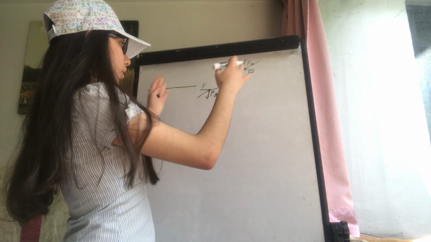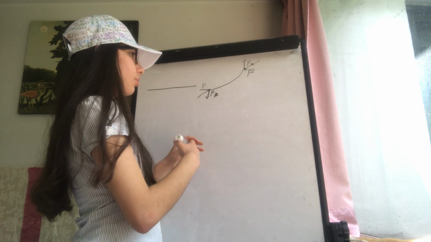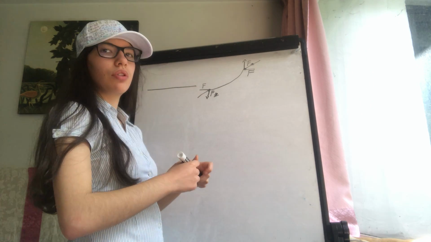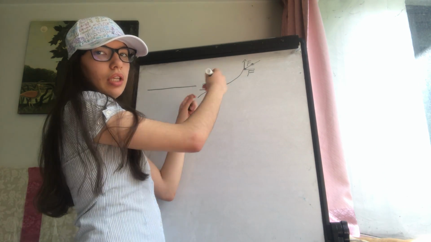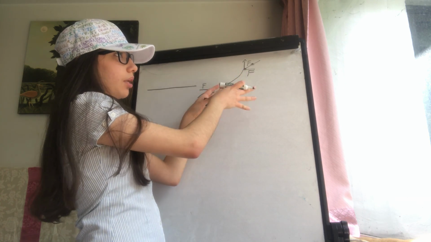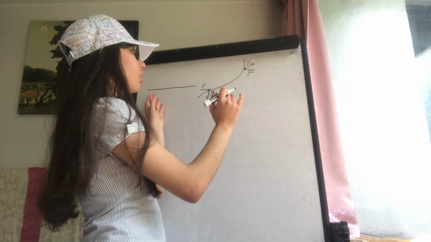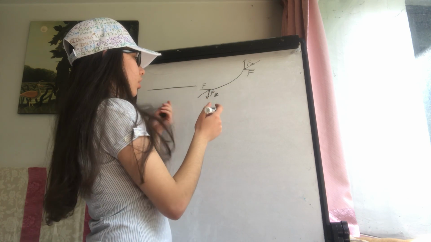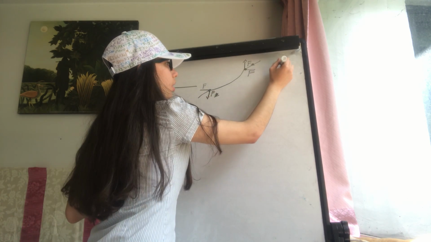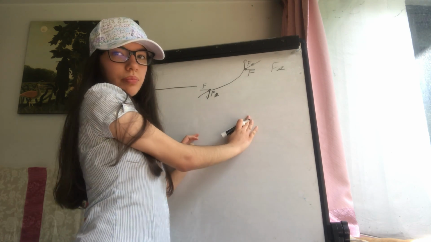So the components in x are going to cancel, so there is no net force on x, because they all have the same tension on the string in the x direction, so they will cancel. And for F sub y, we can have a net force.